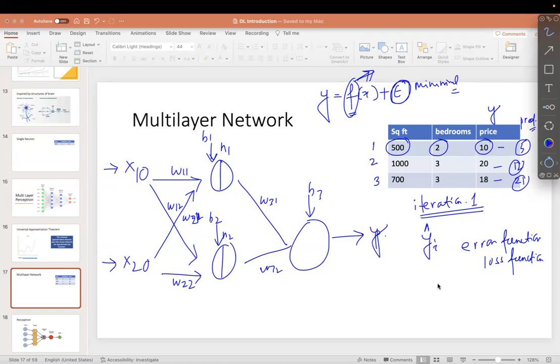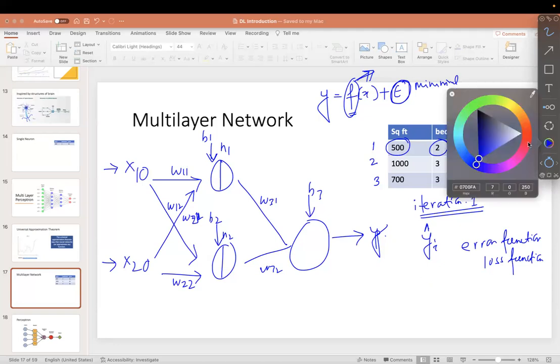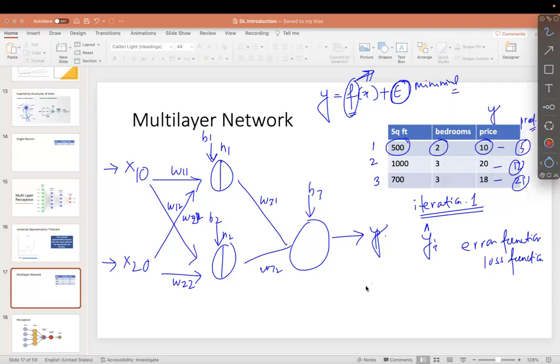Here, because we are solving a regression problem, our error function is typically MSE, or mean squared error. I think most of you will be familiar with this.